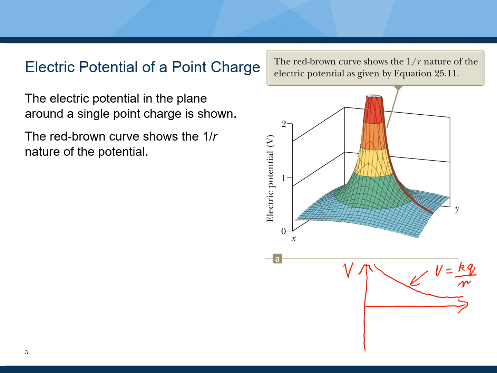If this charge were a negative point charge, then of course this would be flipped. So the vertical axis would be flipped, and we would have a deepening potential. And if I were to draw it as a function of the radial direction for a negative point charge, then that potential would look like this.